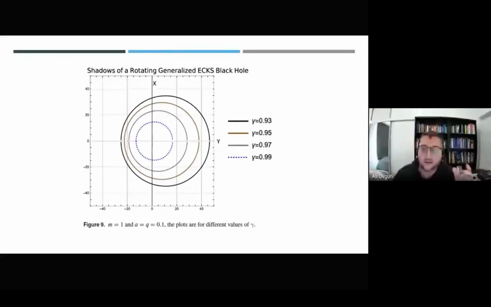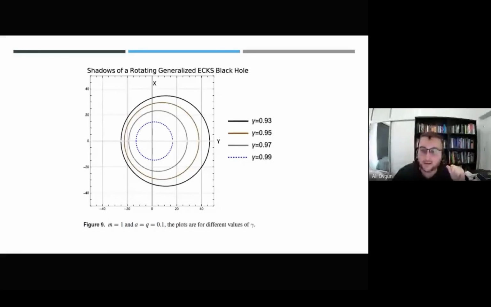It is worth noting that since the rotating black hole under consideration is a generalization of the Kerr-Newman black hole, once the rotation appears, this black hole reduces to the Reissner-Nordström black hole for gamma equal to 1, and it will be Schwarzschild when Q is 0.